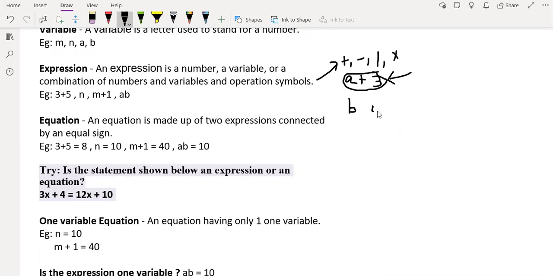It can be a number or one more variable, or it can be individual or a combination. As of now, let's take a combination and minus. So let us take this combination, and let us call this expression 1, and let us call this expression 2.